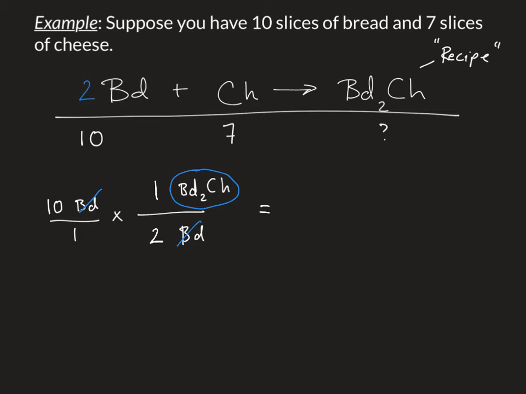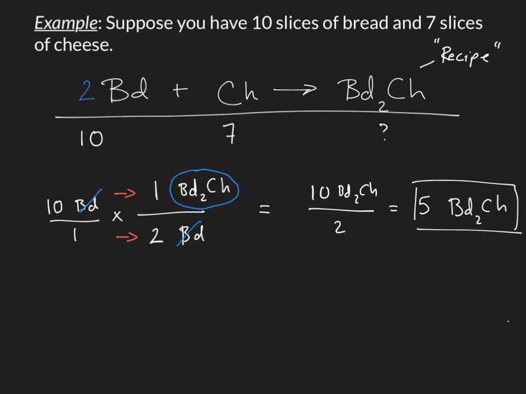Remember that we multiply across, right? So we have 10 times 1 and 1 times 2. 10 times 1 is 10 sandwiches over 2. And then we end up with 5 sandwiches. 10 divided by 2 is 5.